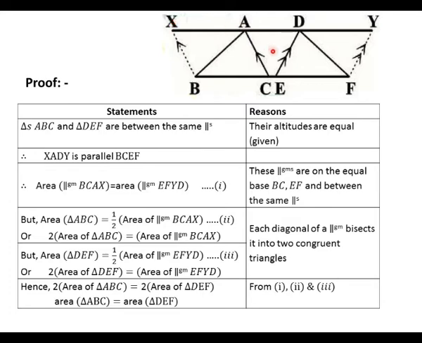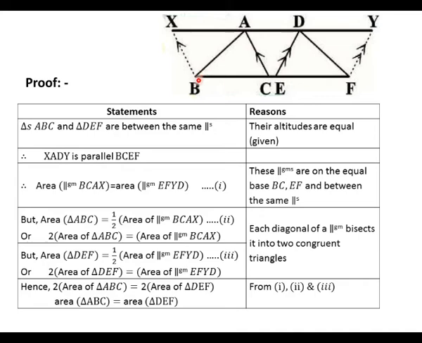Using the same arguments, we can say EFYD is another parallelogram, because DY and EF were both already parallel, and FY we have said in the construction is parallel to DE. So similarly, all of the opposite sides are parallel in this figure. So EFYD is another parallelogram.